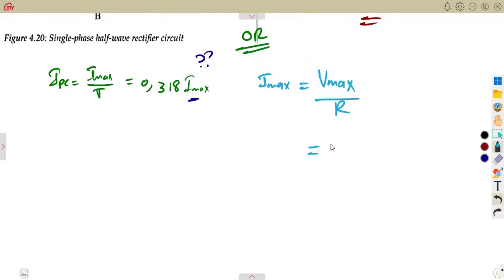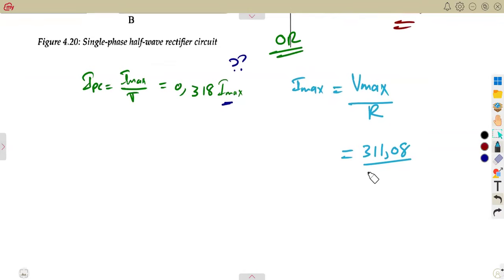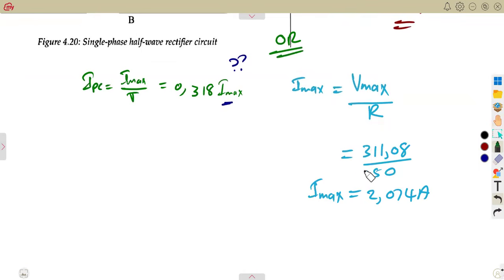So for your maximum voltage, we calculated 311.08 over the resistance at the output, which is 150. You divide, and it is going to be 2.074 amps, which is the maximum current that is affecting our circuit. With this maximum current, IDC can be calculated, because IDC is I max over pi.